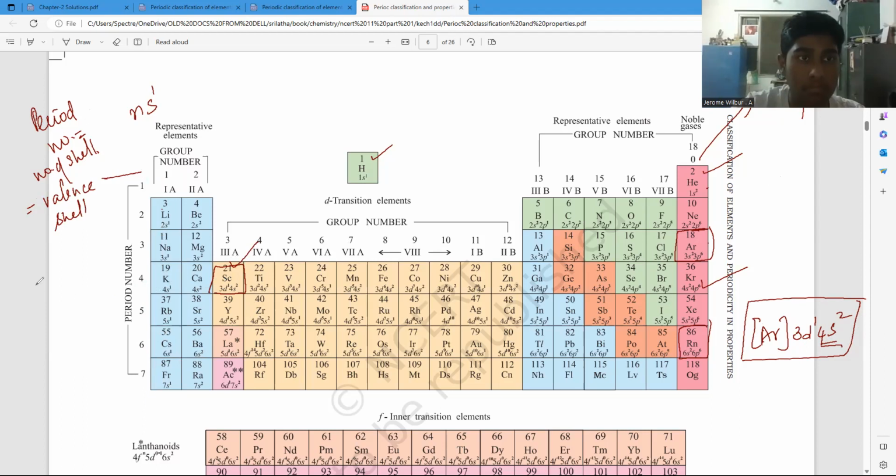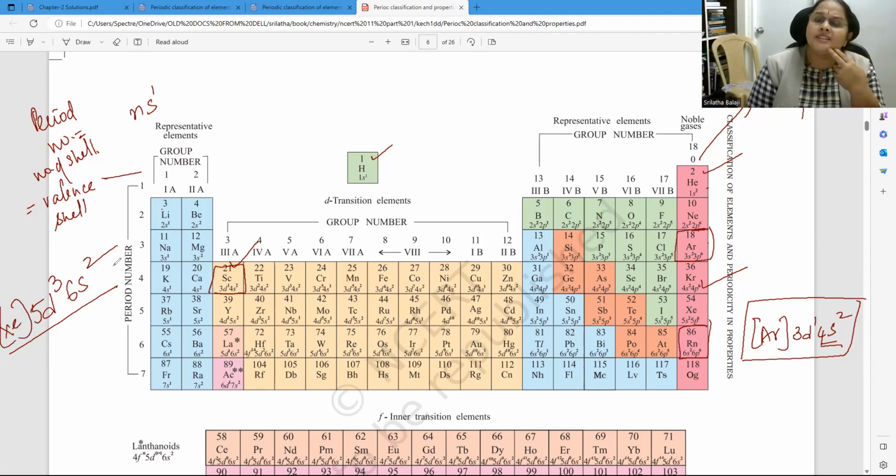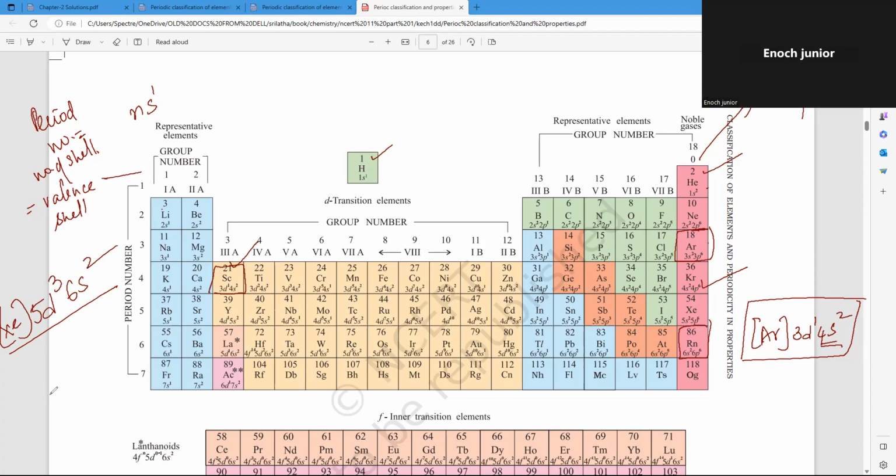So an element is having an electronic configuration xenon 5d3 6s2. To which period does this element belong to? 6th. Good.